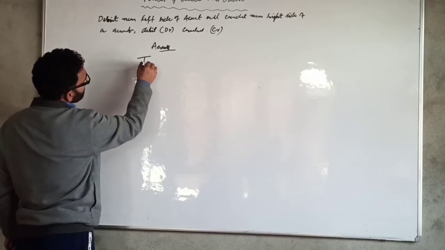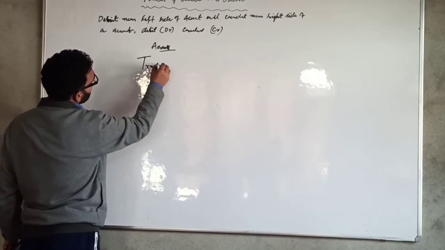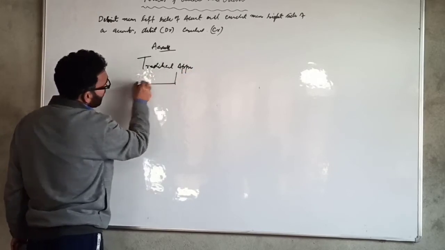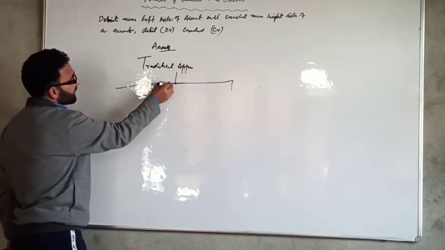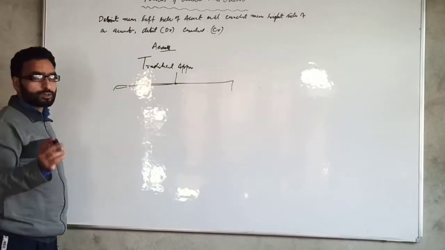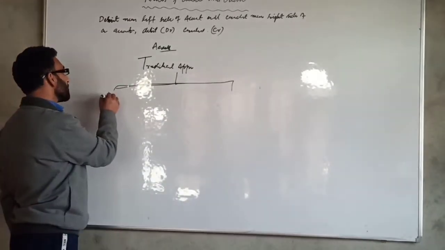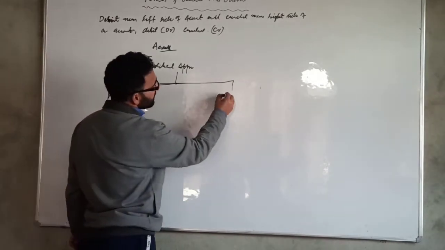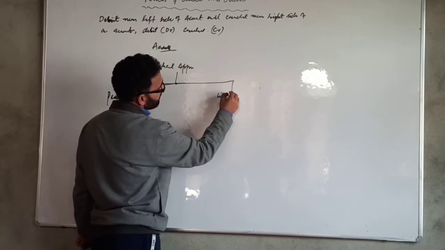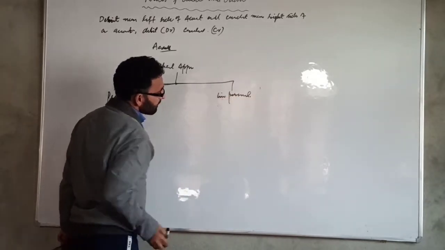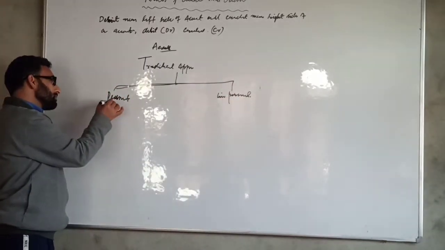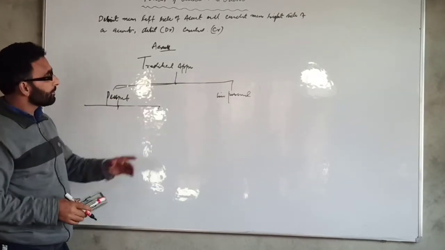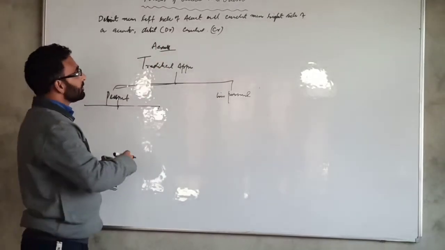As per the traditional approach, accounts are categorized into two types: number one, personal, and number two, impersonal.